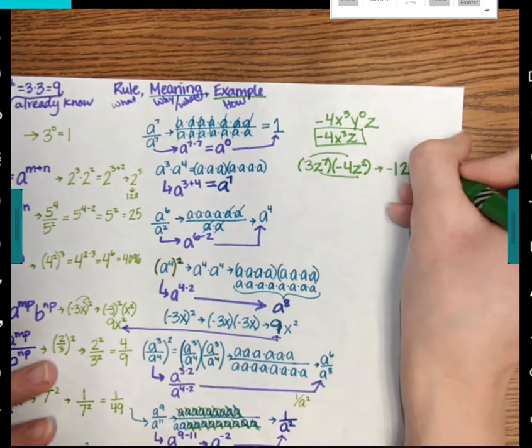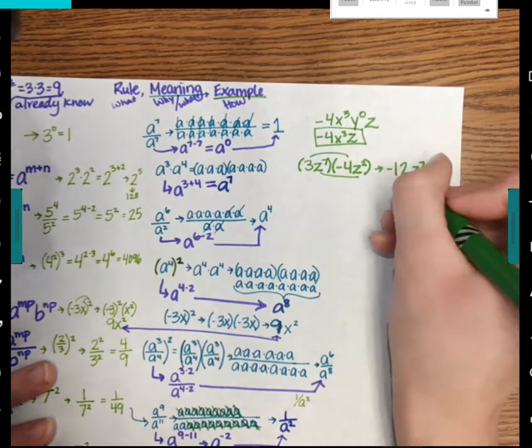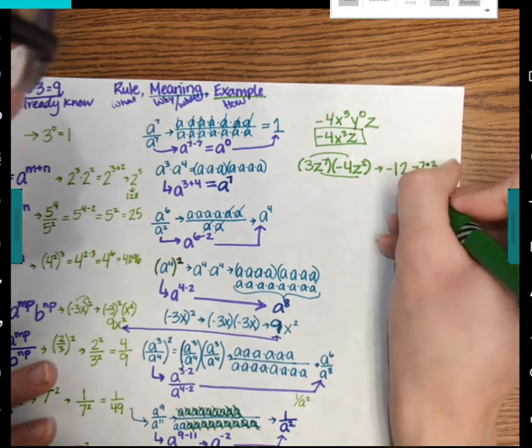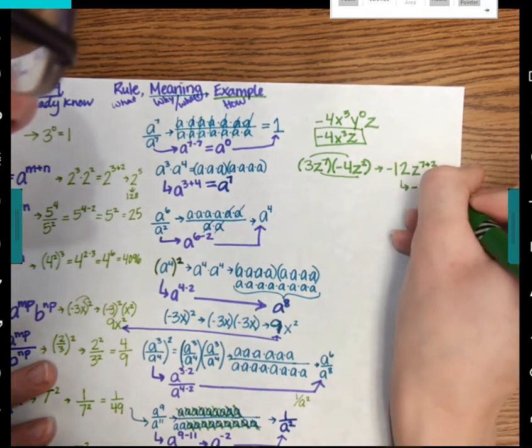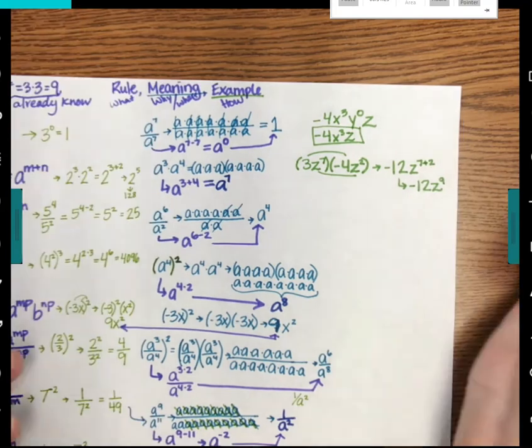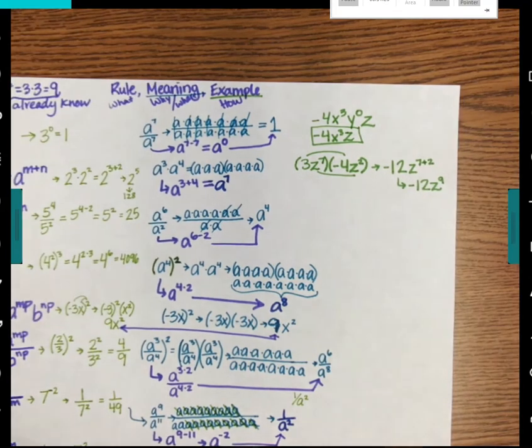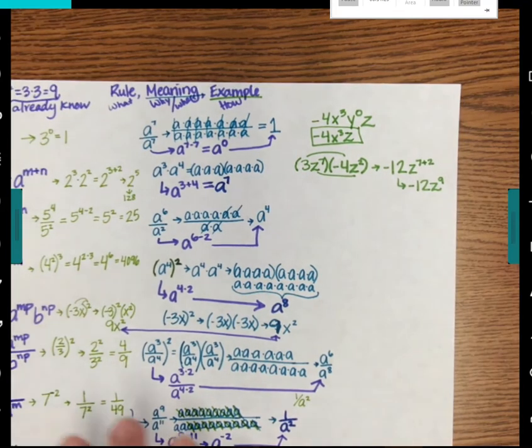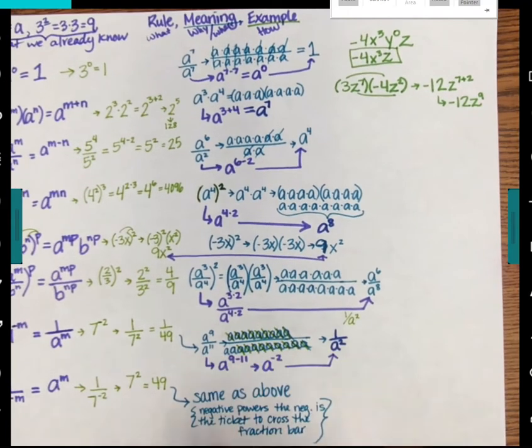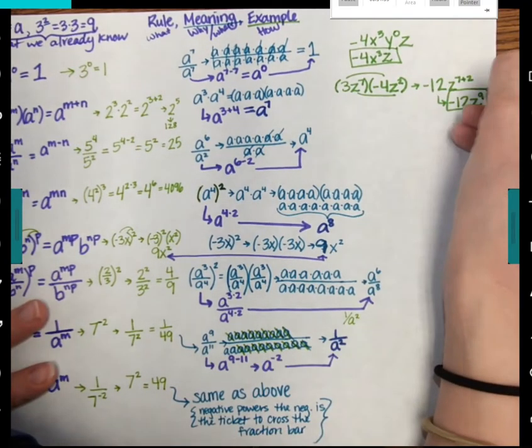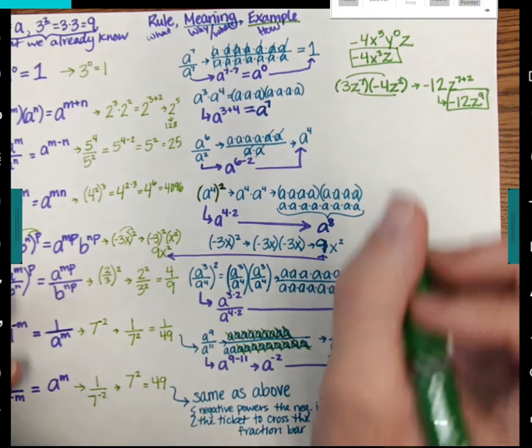I'm going to write that out for you since we're still getting our bearings. That's going to give us negative 12z to the 9th. So that is our final answer. It's good policy to box your final answers.